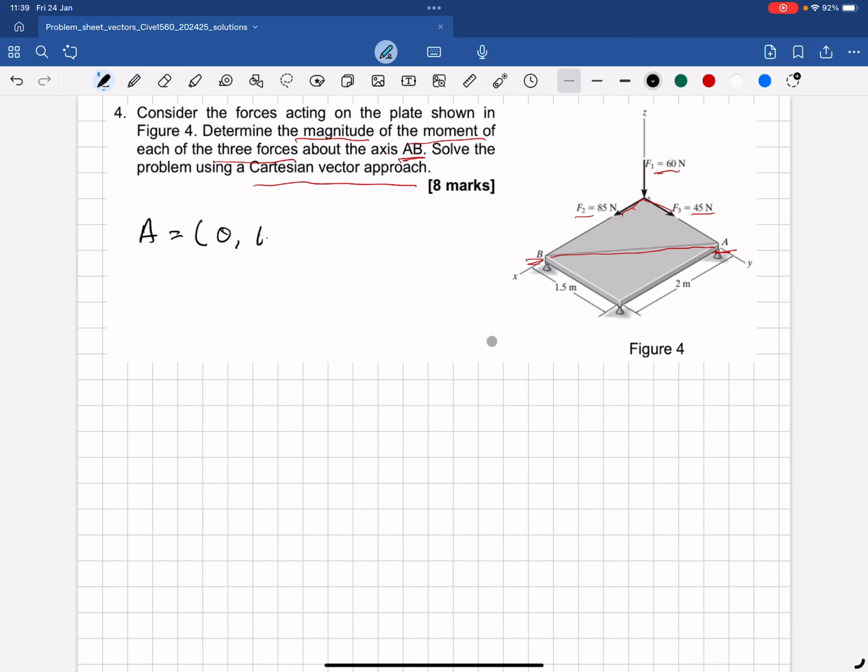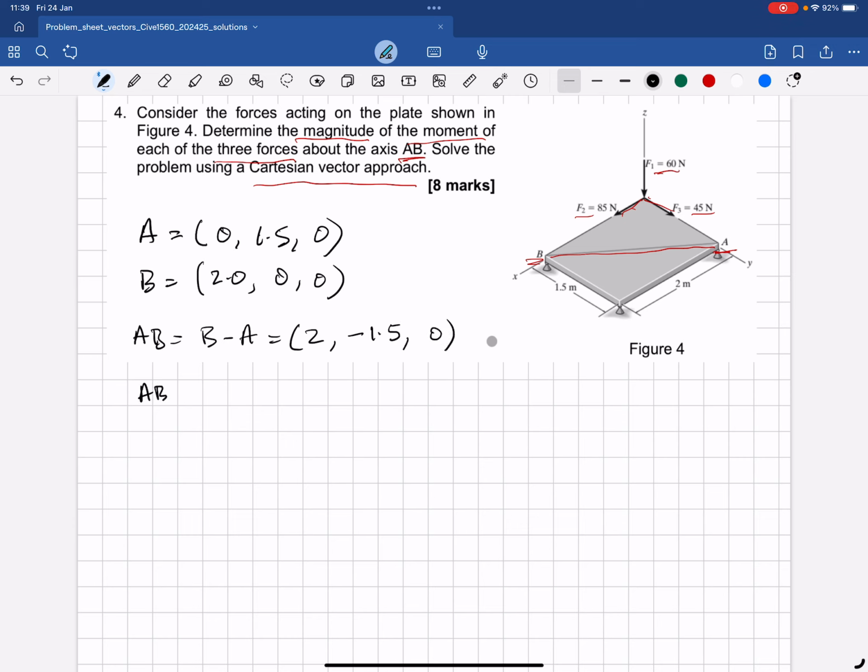A is 0, 1.5, 0 and B is equal to 2.0, 0, 0. We're going to use the line AB, so the vector AB is going to be B minus A, which is equal to 2, minus 1.5, 0.